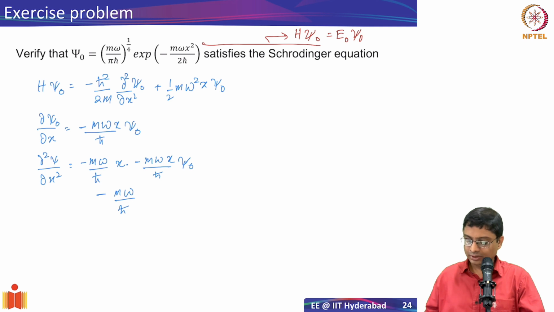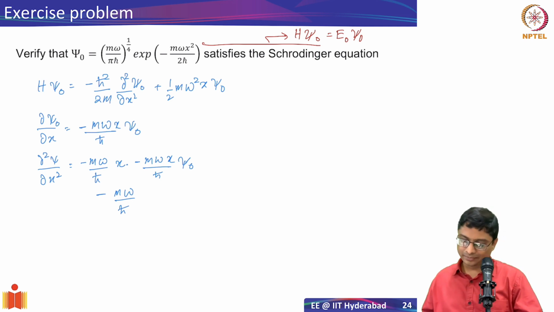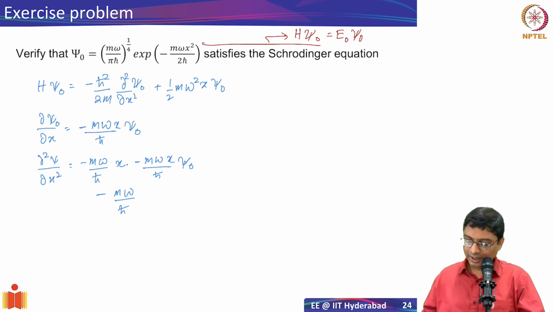X will vanish, because we differentiated psi naught already. Now I'll differentiate x, so basically this will be psi naught. So now this is going to be minus and minus, so m square omega square by h bar square x square psi naught minus m omega by h bar psi naught.